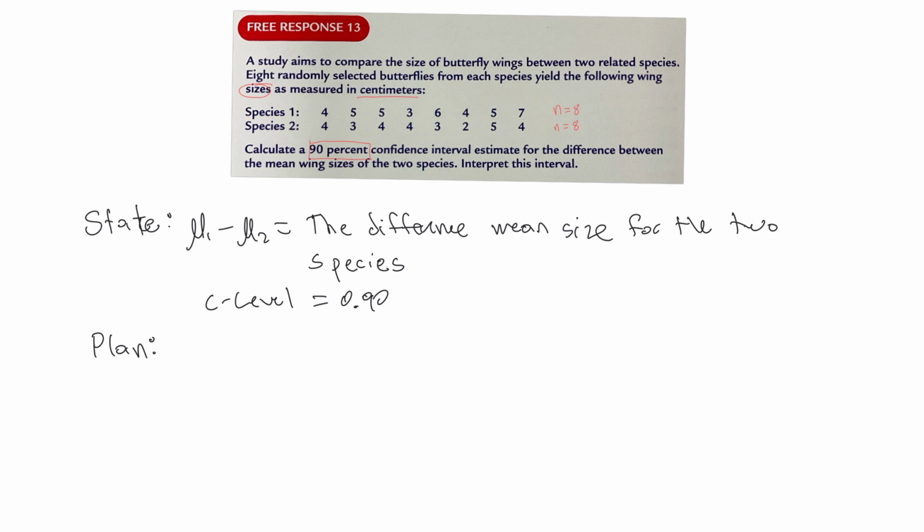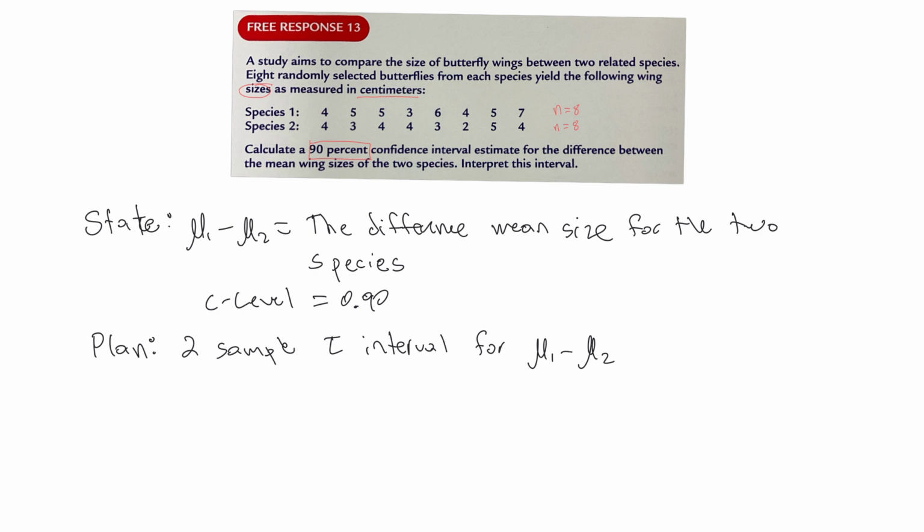So the name of the procedure will be a two sample t interval, and I'm using t because we do have the means. When you have means, we have to use the t distribution, and it's going to be for the differences of the parameters mu1 minus mu2. So that's going to be the name of the procedure.